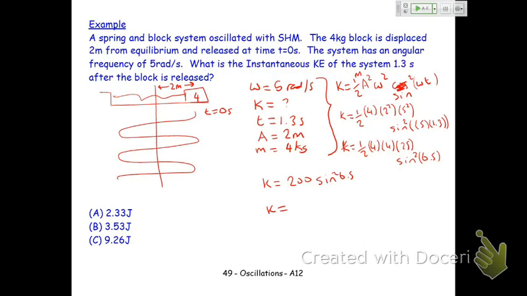And then I got to multiply by 200. So that equals 9.26 joules. It's positive. Happy days. Okay. Not so bad.